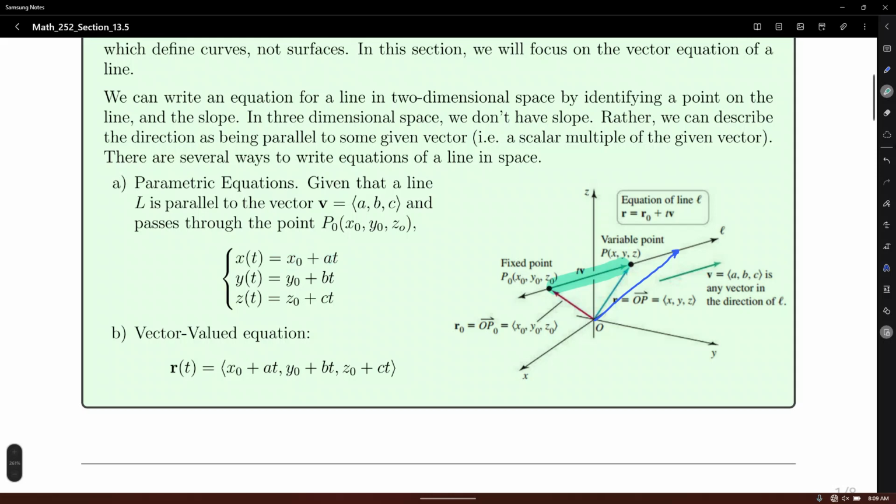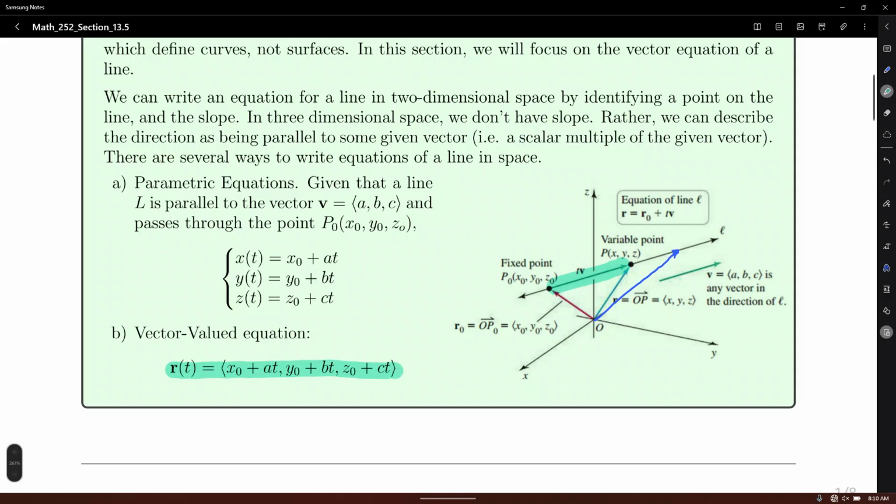So this x0, y0, z0 is going to be the initial point that we will be given, and these coefficients a, b, and c are going to be the components of the vector that directs the line, giving us as a result our first vector valued function right here, which is the line in space.